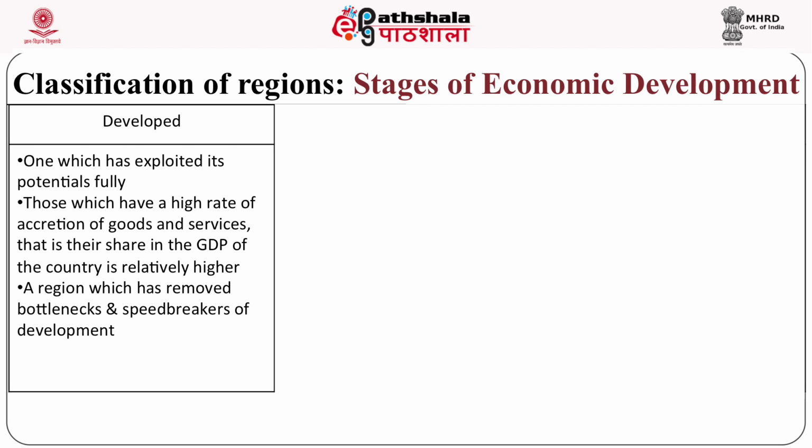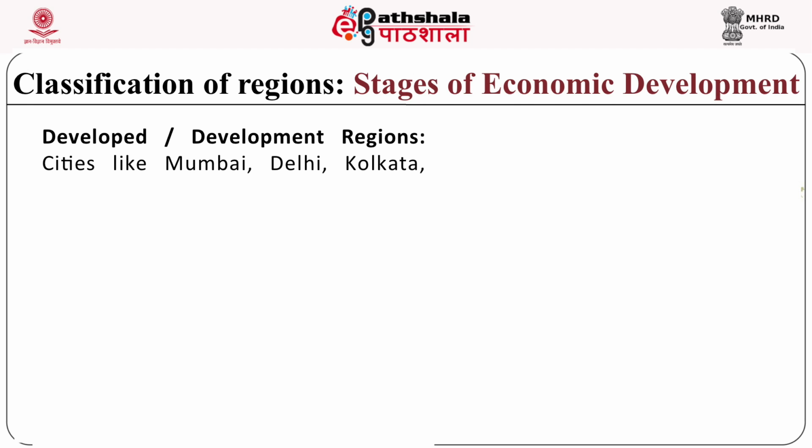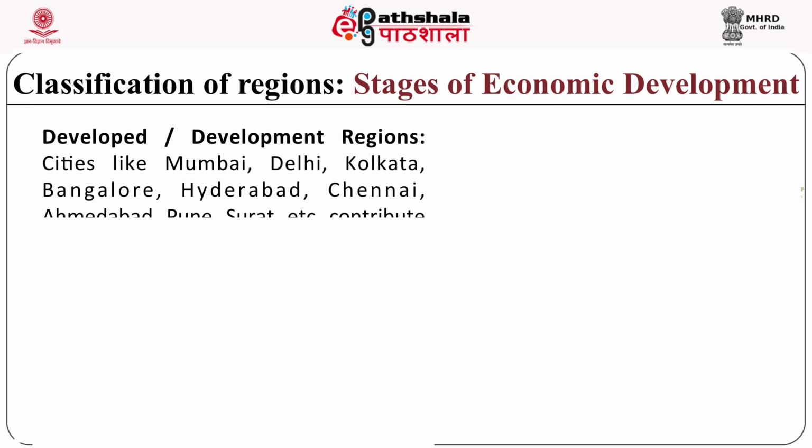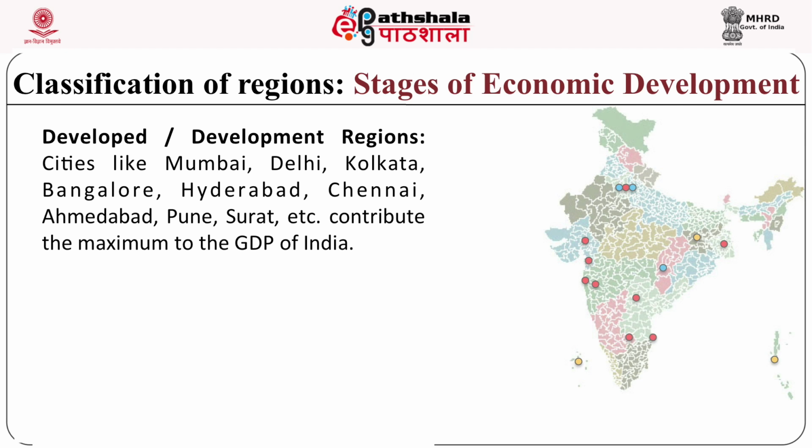For example, this map shows the National Capital Region and the Mumbai Metropolitan Region. They are all developed regions. These examples are all Indian examples. There are other examples also, which are global, but we have concentrated on Indian examples.